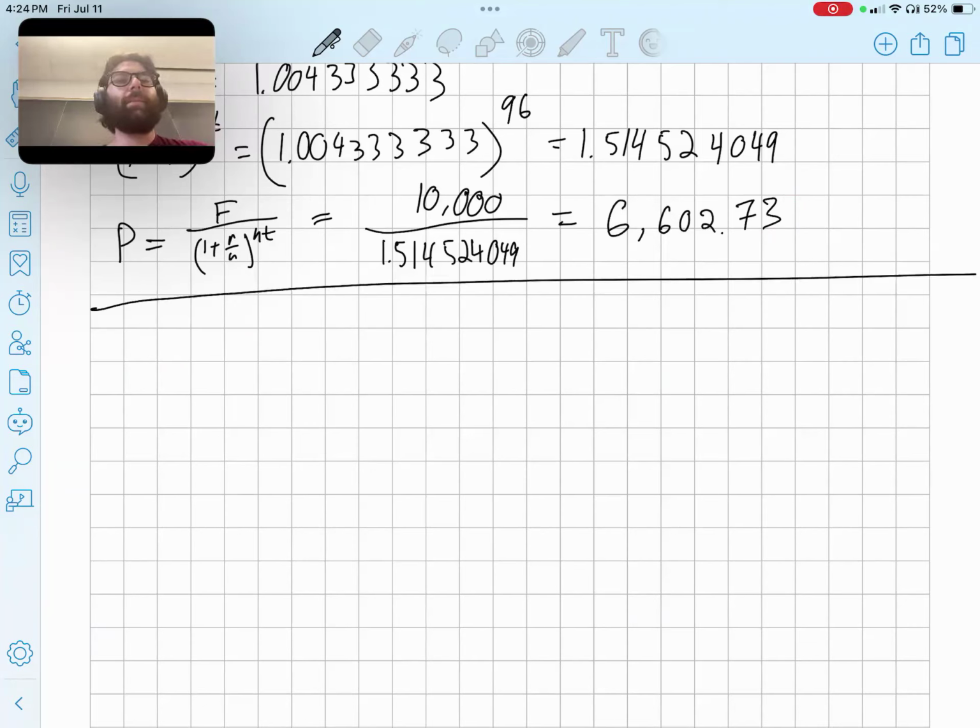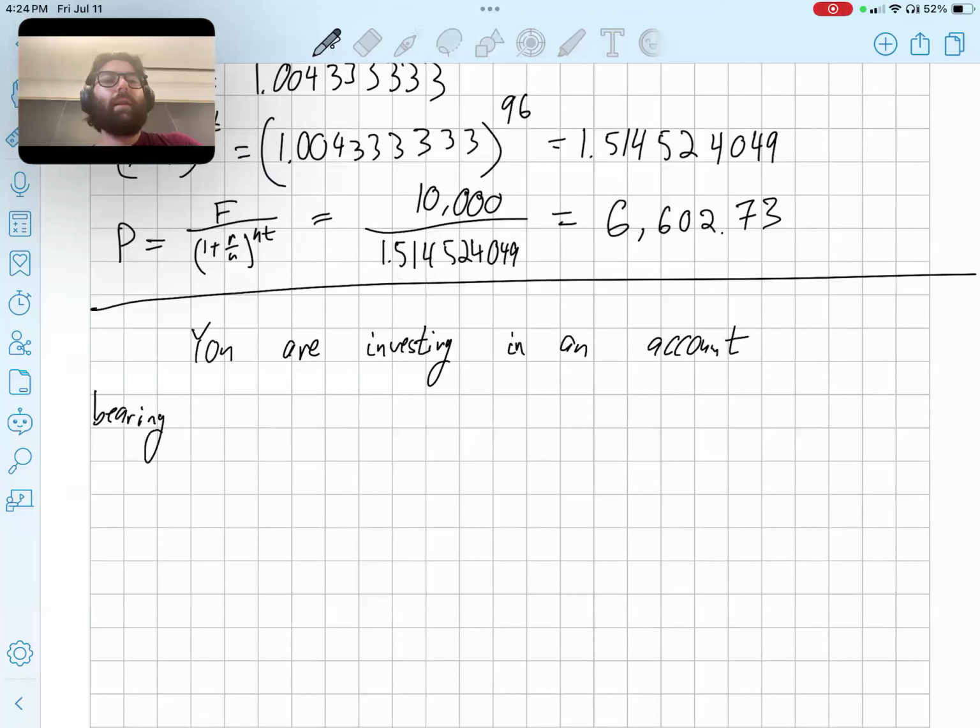So let's do one more example. You are investing in an account bearing 6.8% interest compounded quarterly.